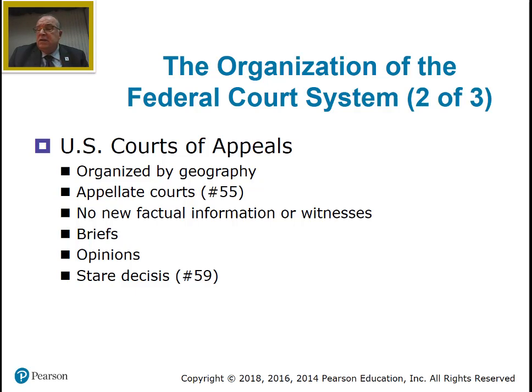So appellate courts, number 55, what are the two types of federal court jurisdiction? And it's original and appellate. Original, and then appellate jurisdiction under the Court of Appeals. Number 59, what is stare decisis? That's a Latin phrase that means let the decision stand.